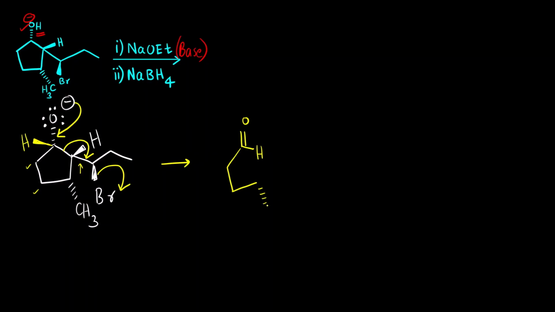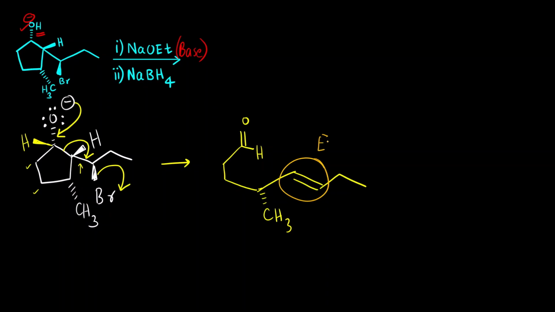Then below the plane there is CH3, then CH3, and then CH3, and then there will be a formation of a double bond, and then ethyl.